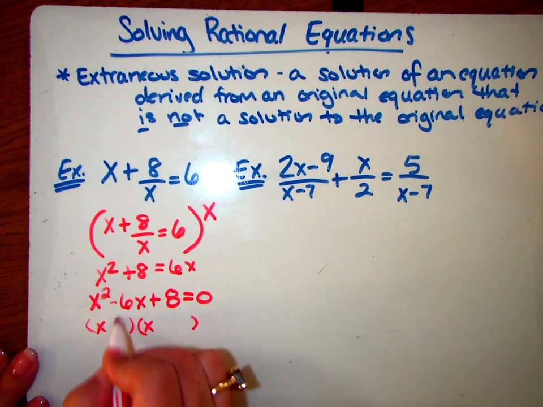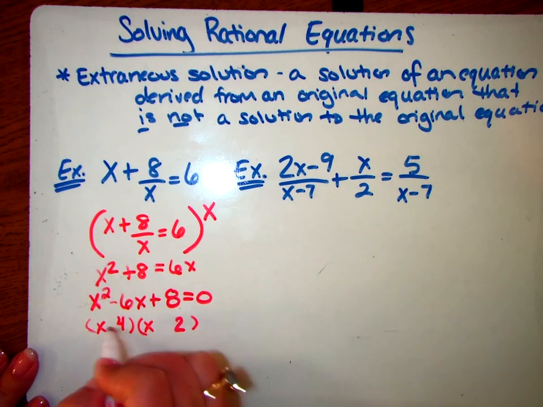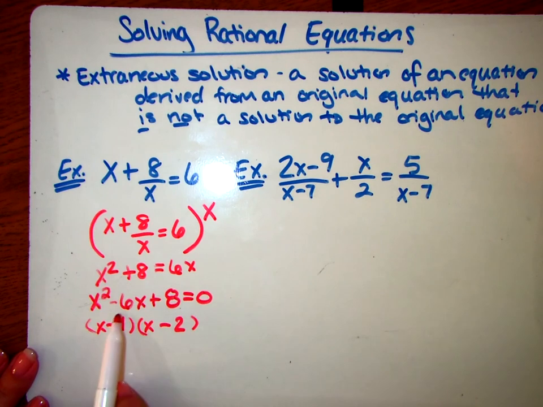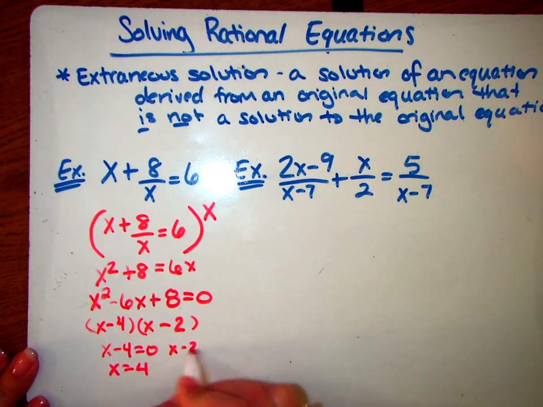Factors of 8 that add to get 6 would be 4 and 2. They both have to be negative because they're adding to get a negative, and they're multiplying to get a positive. If we set those equal to 0, x is 4 and x is 2. So we have to check.